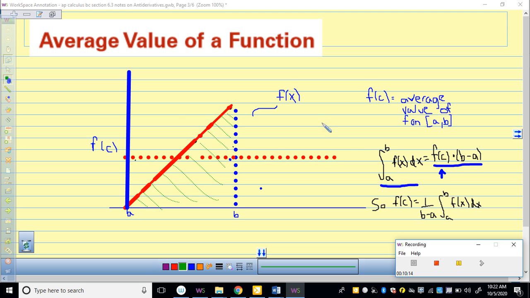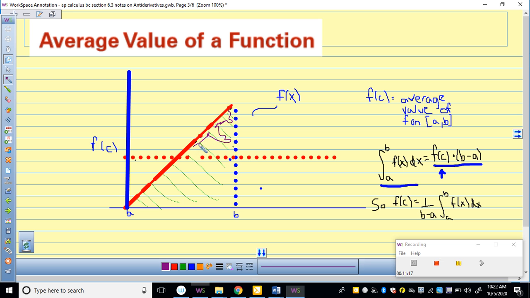Well, the average value of the function is going to be equal to, if you look, the area under the curve from a to b of f of c, this rectangle that we get here, ends up being equal to the area under the curve of our function from a to b, because I have this triangle, which I'll highlight in purple.